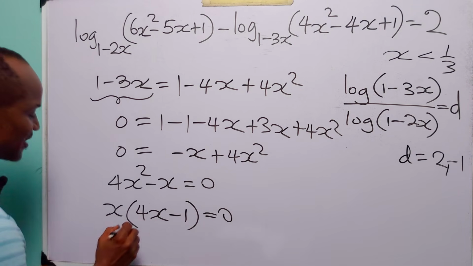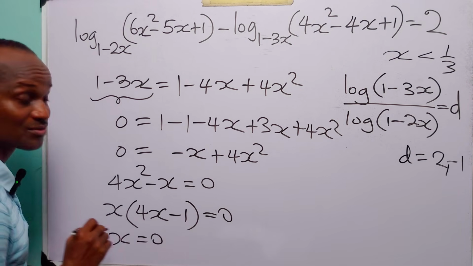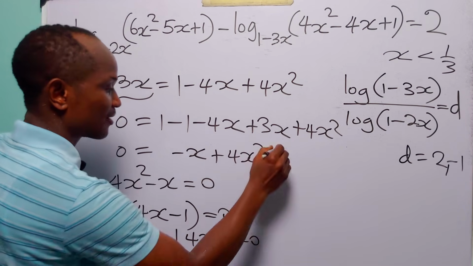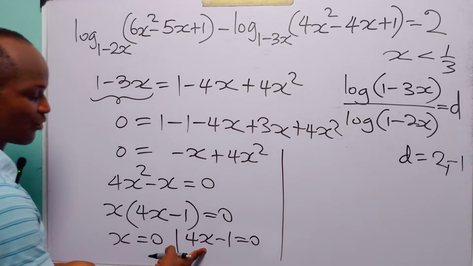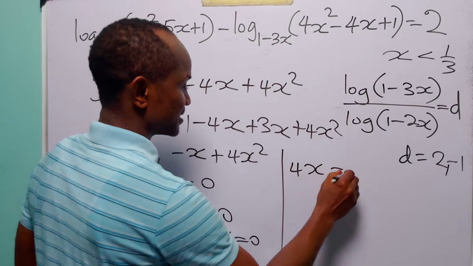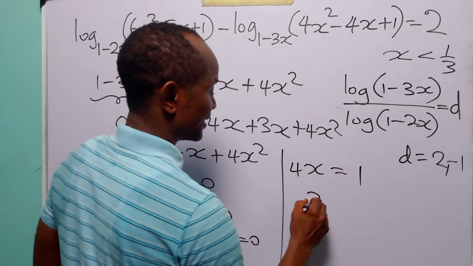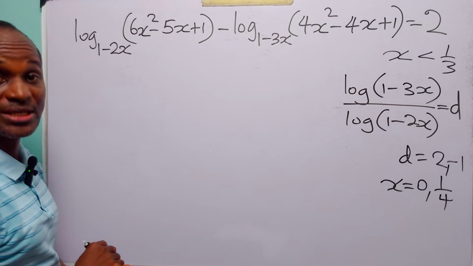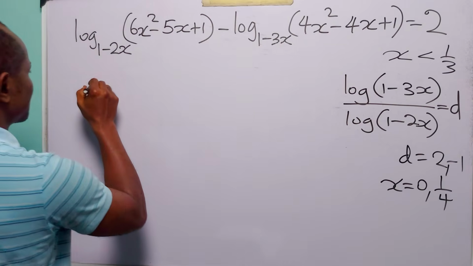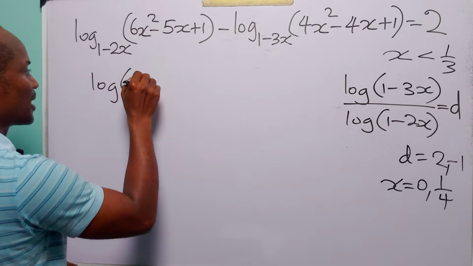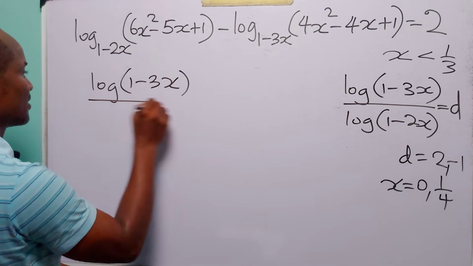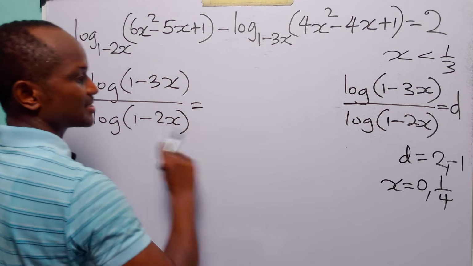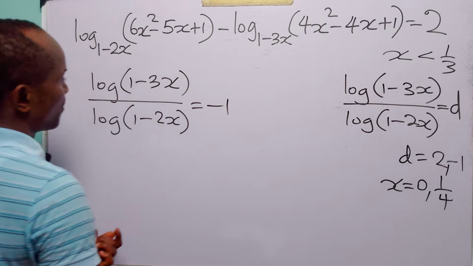And of course, from here we have that either x is equal to 0 or 4x minus 1 is equal to 0. Now from here we have that 4x is equal to 1 and x is equal to 1 over 4. Now for the second value of d, we have that log(1 - 3x) over log(1 - 2x) is equal to minus 1.